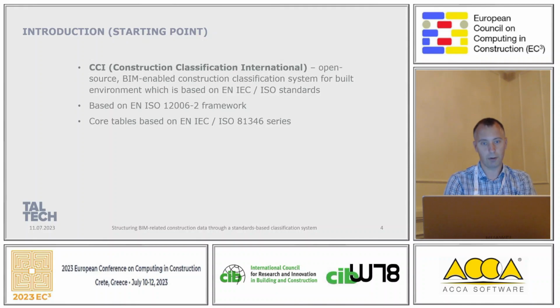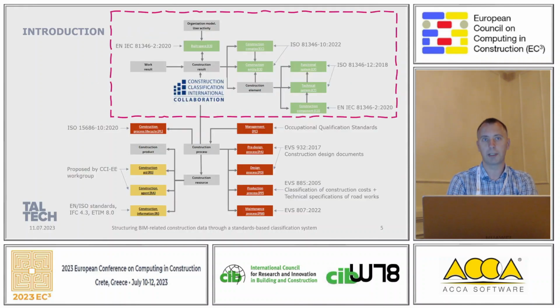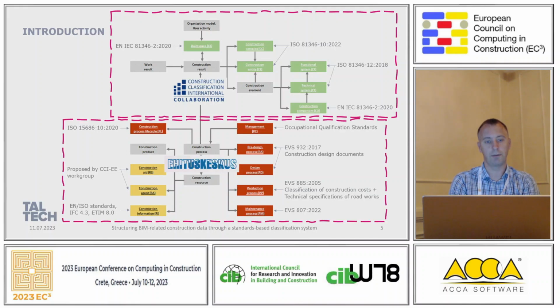To visualize this part, the core part from 12006 is those green tables, which identify mostly construction element, but also entity, complex, and space. At the national level, we have also developed additional tables, so that we can talk about a classification system which is life cycle based.